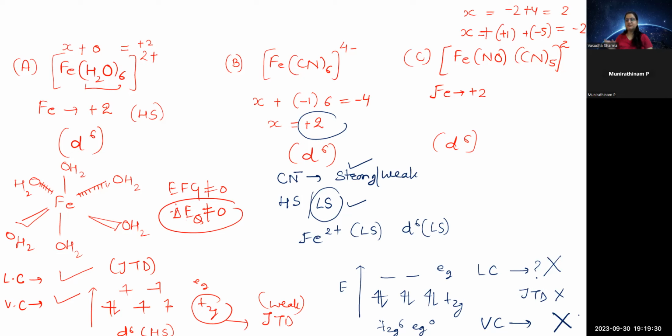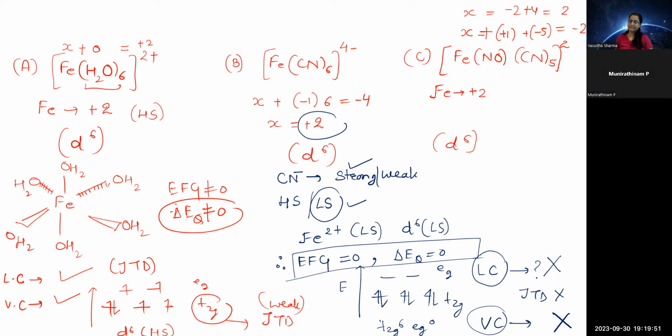Since it is symmetrically filled, we don't have a valence contribution. Now, both the parameters, lattice as well as valence, do not exist in this particular case. Therefore, the electric field gradient is equal to 0 and delta EQ is equal to 0. Is this clear? Clear, ma'am.